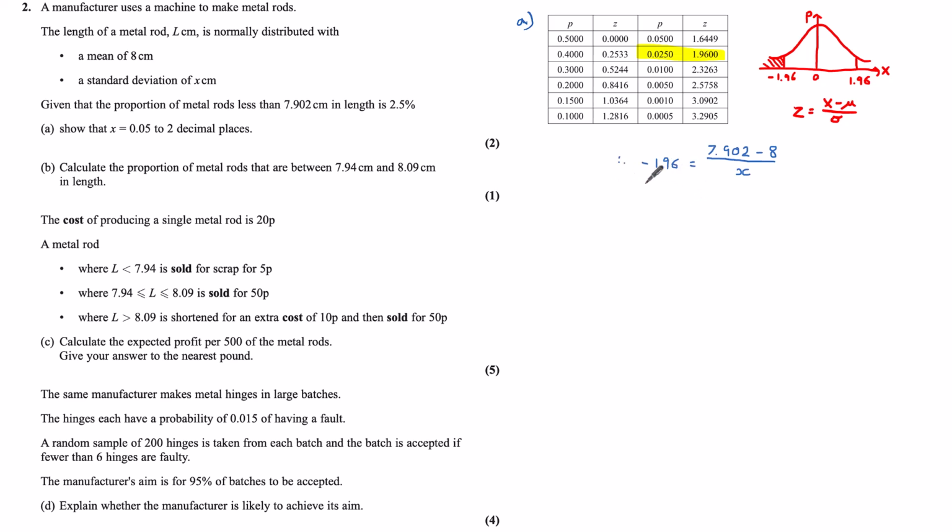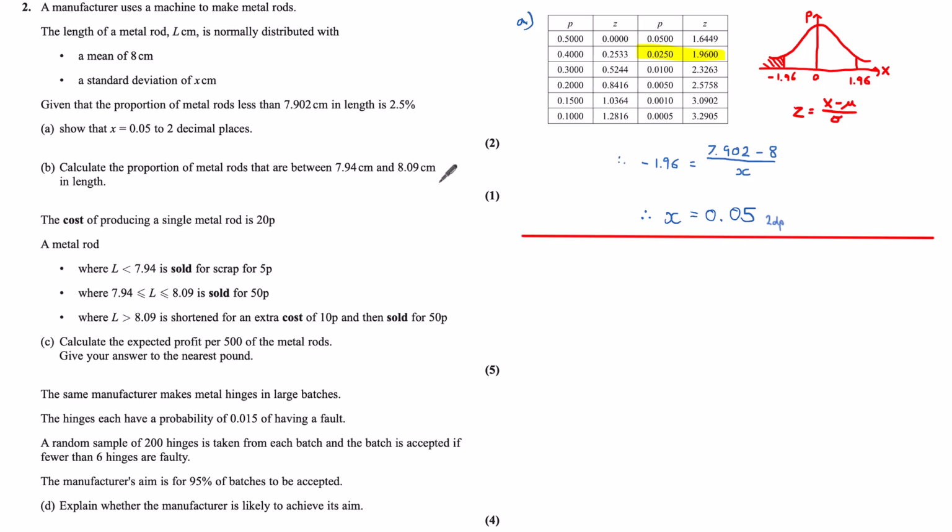And so, putting in our value found from the table, minus 1.96, and our value of 7.902, and our mean of 8, we are hoping to rearrange this to get a value of 0.05 to 2 decimal places. And thankfully, we do.